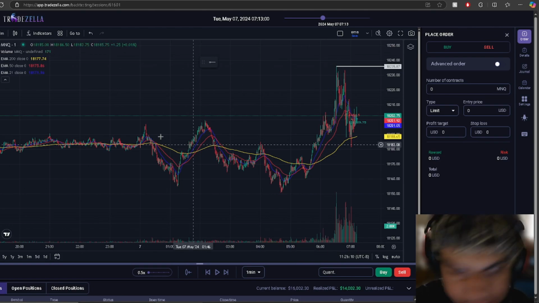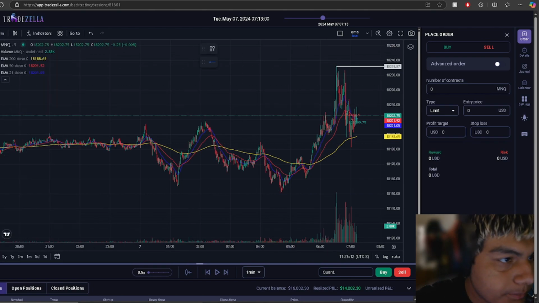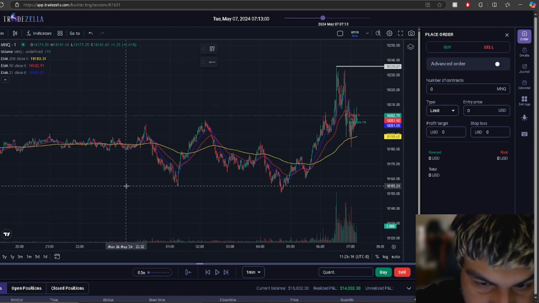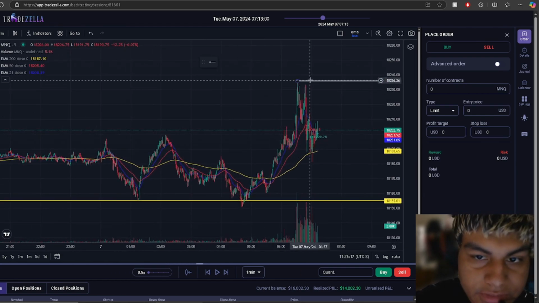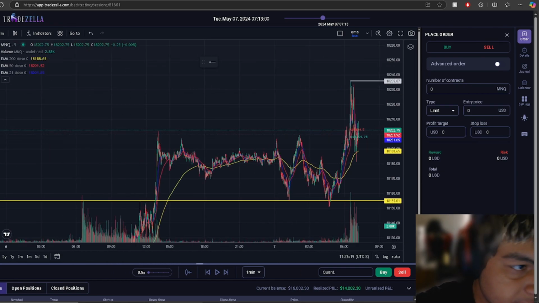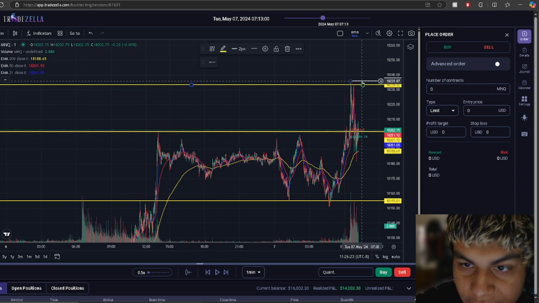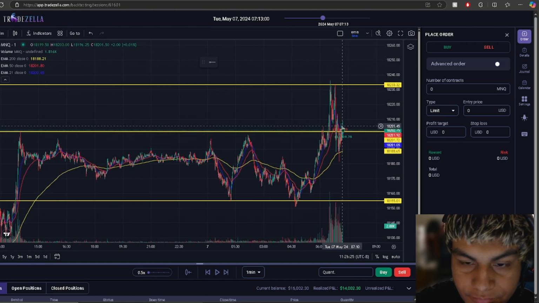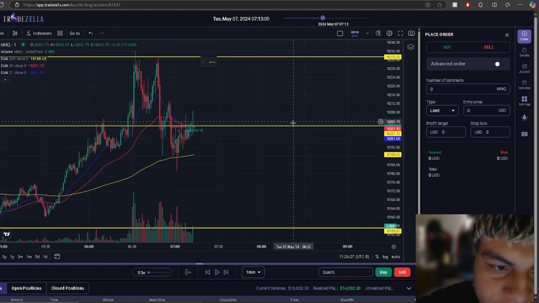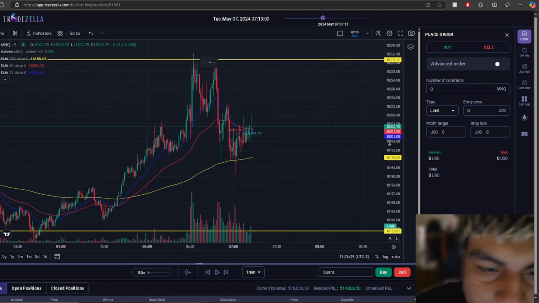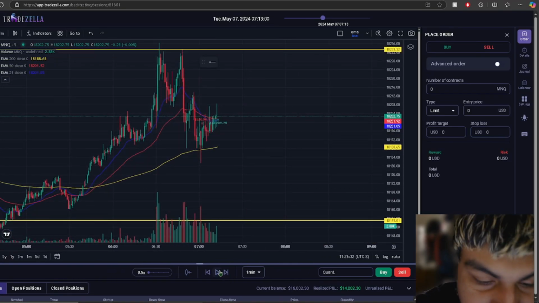Let's mark out a better one. Support would be like right here. Then resistance could be right here and then up here. So now here we are in the middle. Now let's see what plays out.